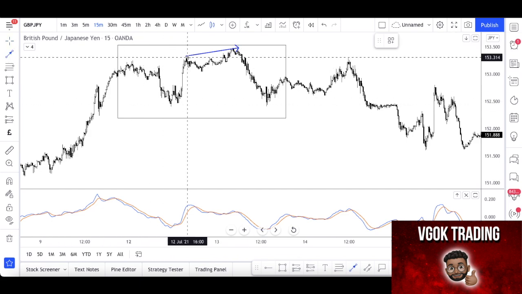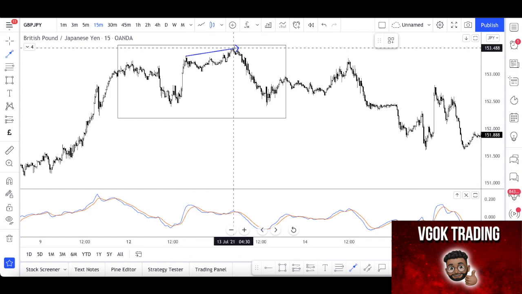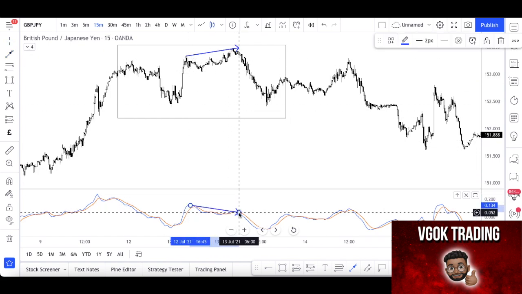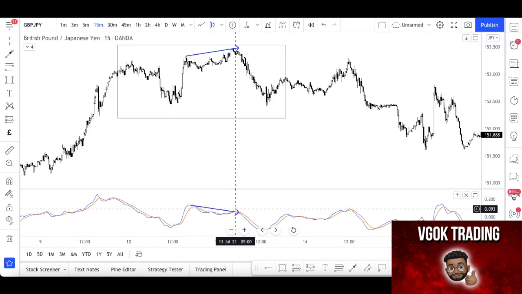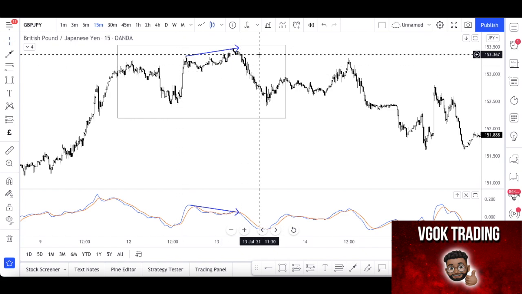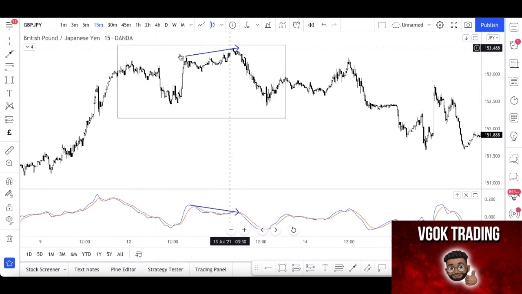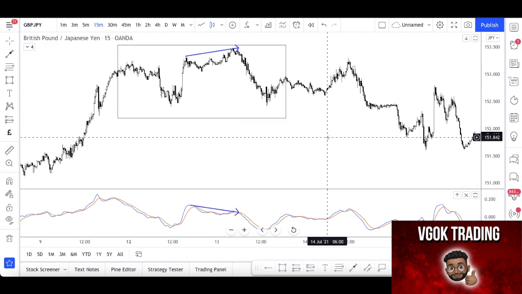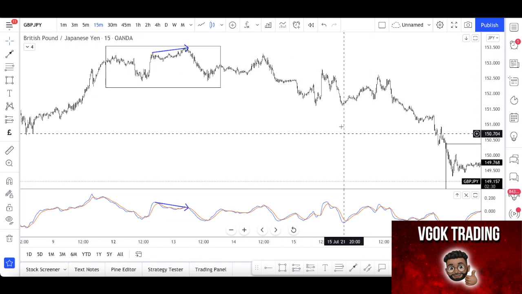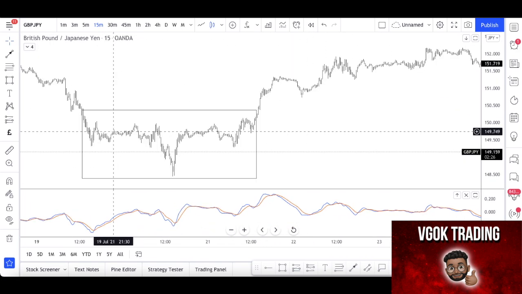But at the exact same time on the oscillator, you start from the first high to the second high, look down at the oscillator, and it's actually making a lower high. So we know that we've got a degree of divergence here within the distribution schematic in the box. So we're expecting to see bearish price movement to follow, and we get that downwards movement which we like to see.